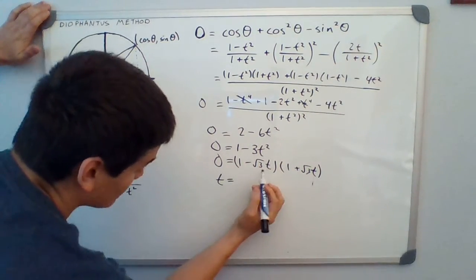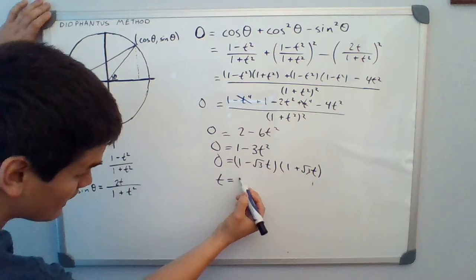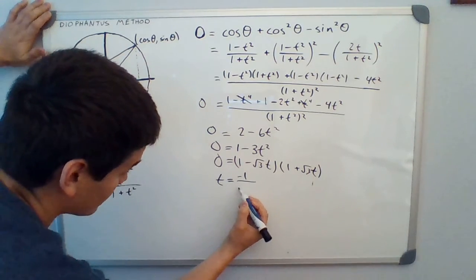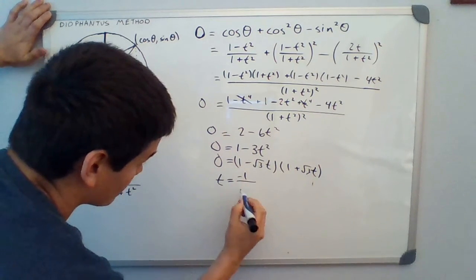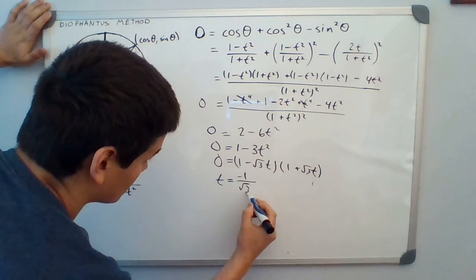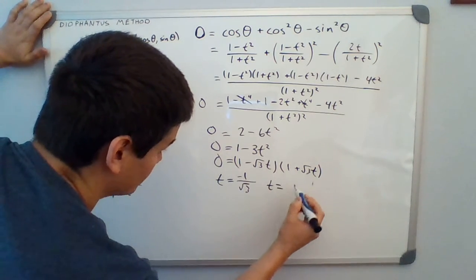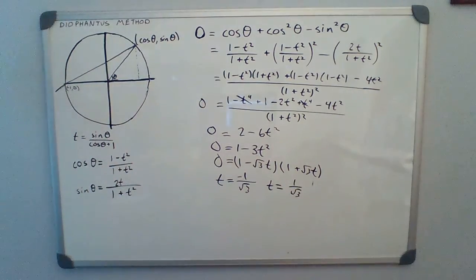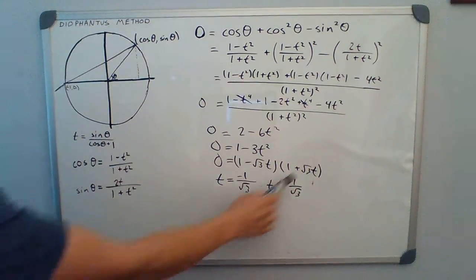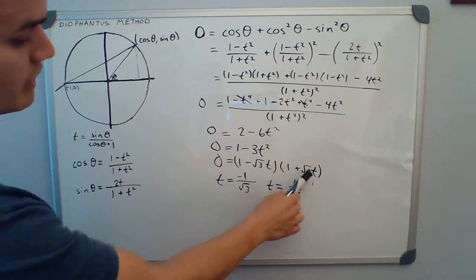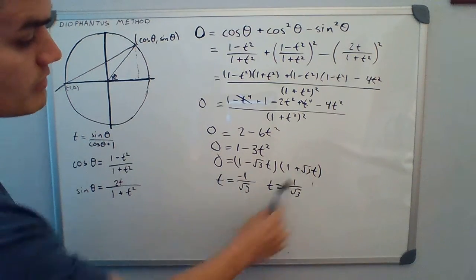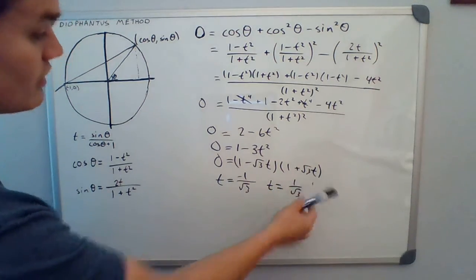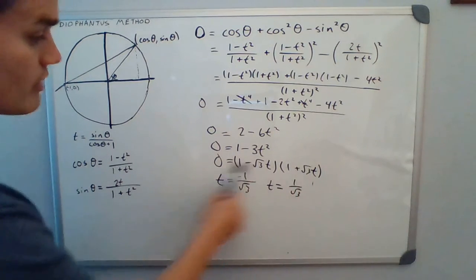We're going to have negative 1 divided by the square root of 3, and then the other value, 1 divided by the square root of 3. Alright, so this one is when this factor is 0: 1 plus the square root of 3 times negative 1 over the square root of 3 is 1 minus 1, which ends up being 0, so that makes this term 0.